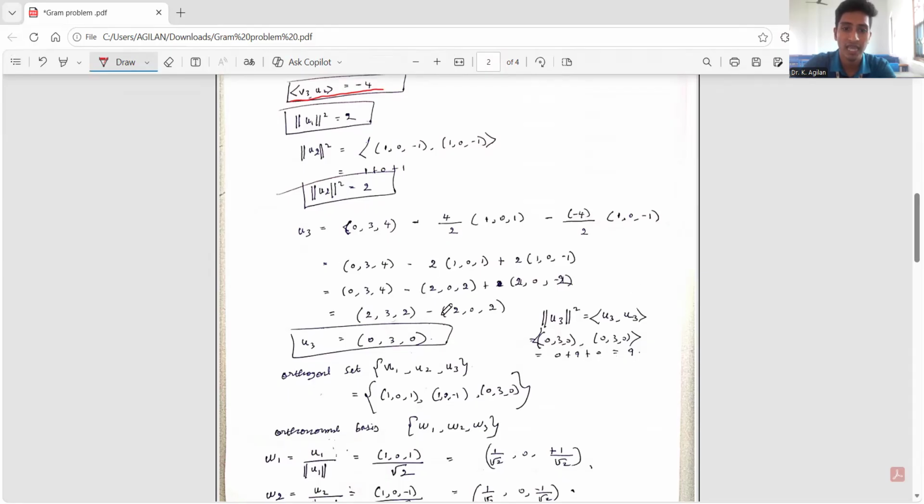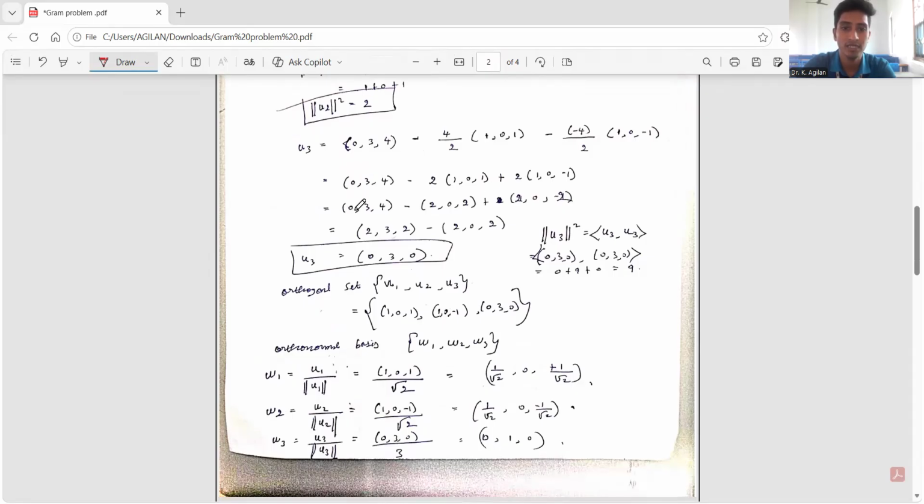Again the same process. We can add first these two and then this. So what will be the answer? 0 minus 2 plus 2, 3, 4 minus 2 plus 2, and similarly.